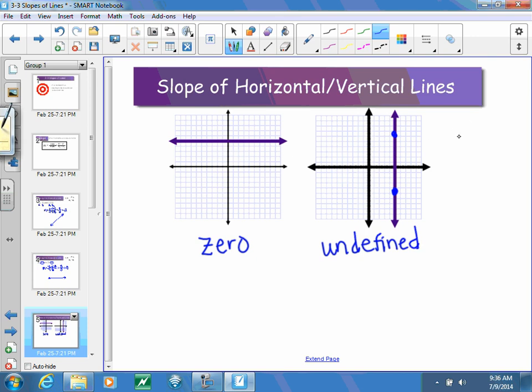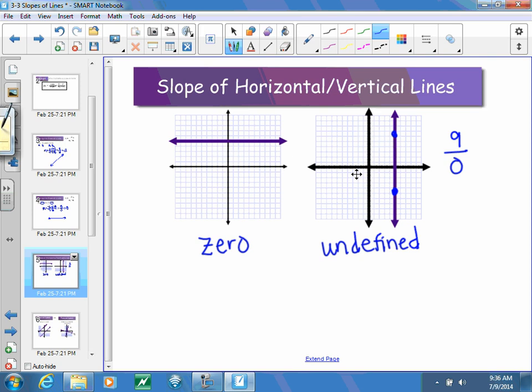Your rise can be anything. Here if I look at this, my rise is, we'll go with 9 units, and its run is 0. Well, we cannot divide by 0, therefore your slope is undefined. We need to understand this 0 and undefined to help us here in just a little bit.